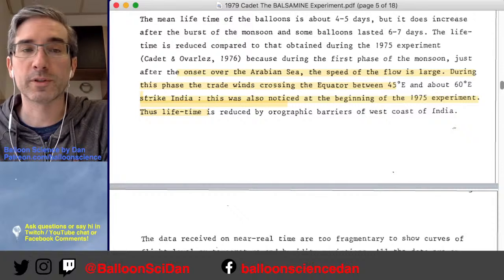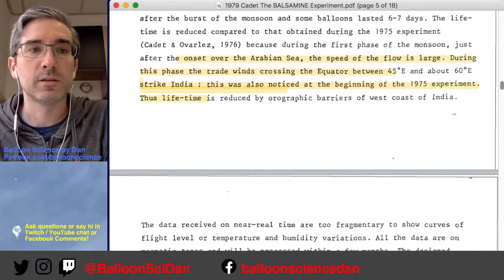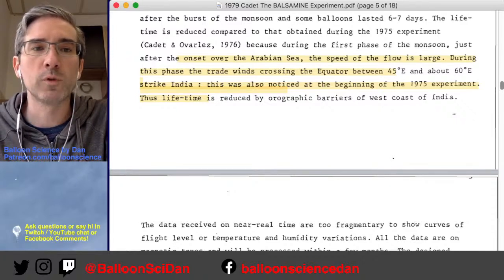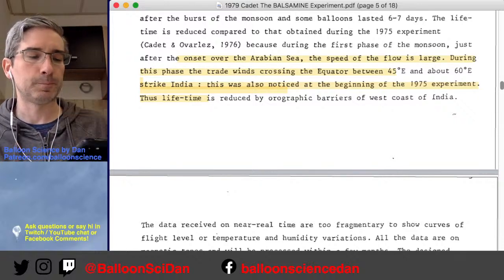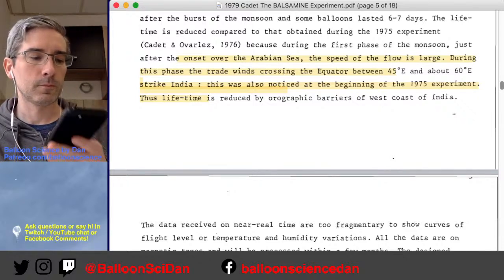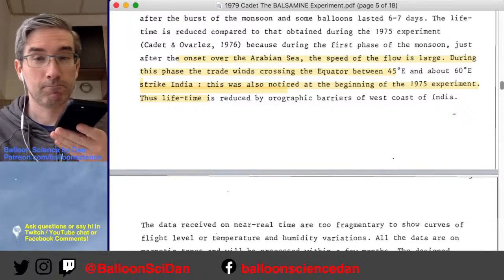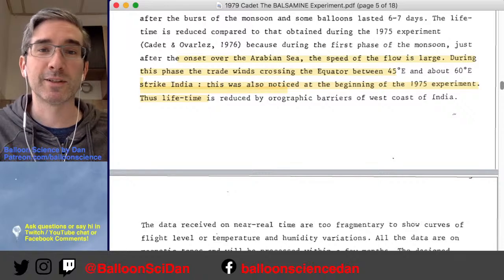This was also noticed at the beginning of the 1975 experiment. Thus, lifetime is reduced by orographic barriers of the west coast of India. What does orographic mean? Orographic means relating to mountains, especially with regard to their position and form. I.e., balloons hit mountains and crashed.